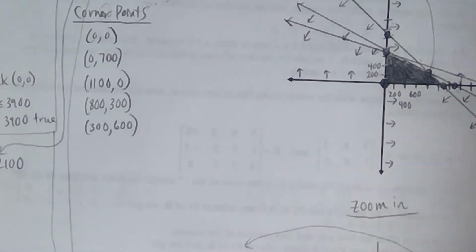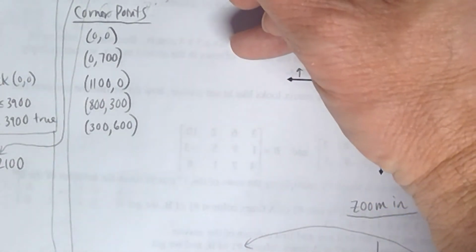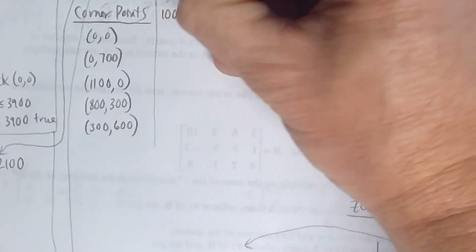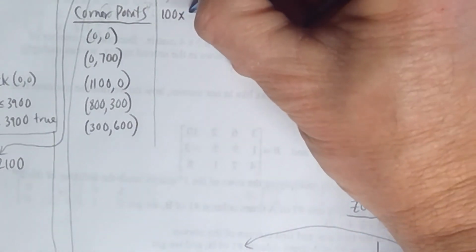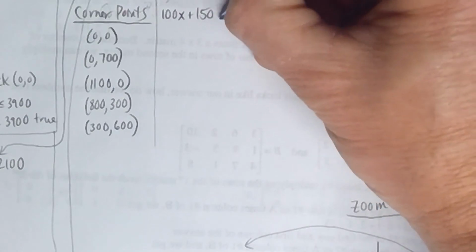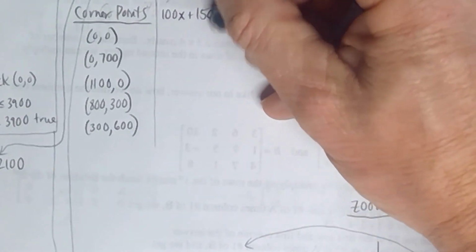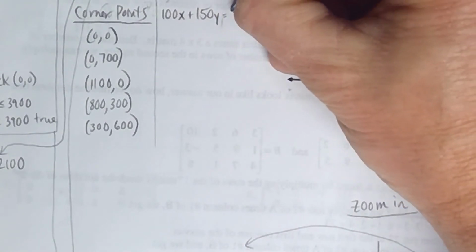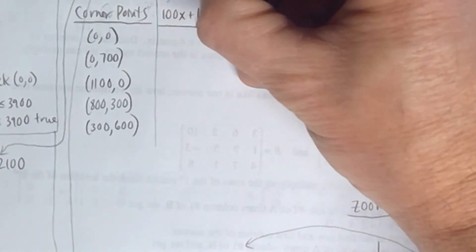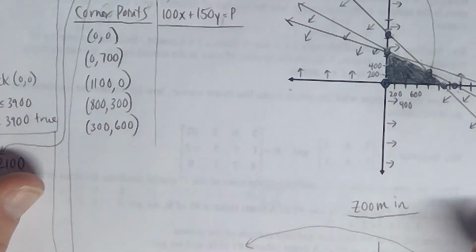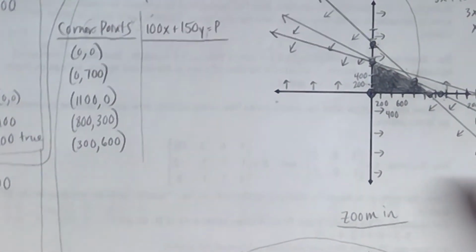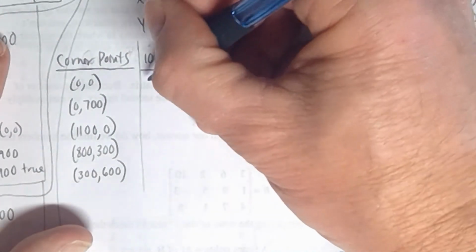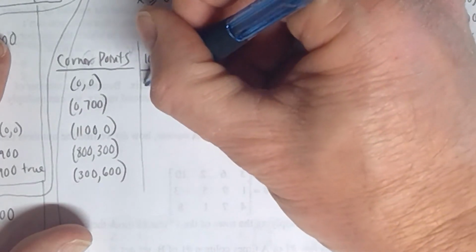All right. So just like we did in the last problem, we take that objective function that was from step 2 and we plug each one of these 5 points into that, and whichever one gives me the biggest p-value is the answer. That's where the answer lies.